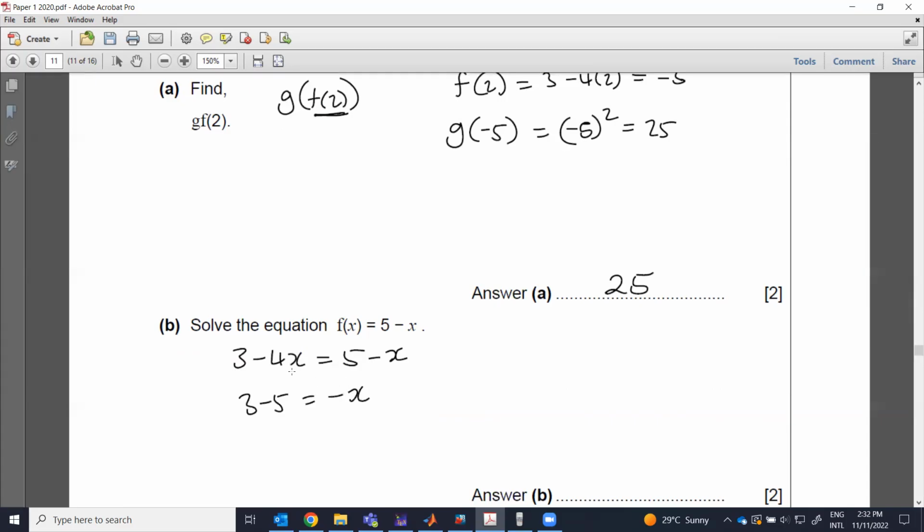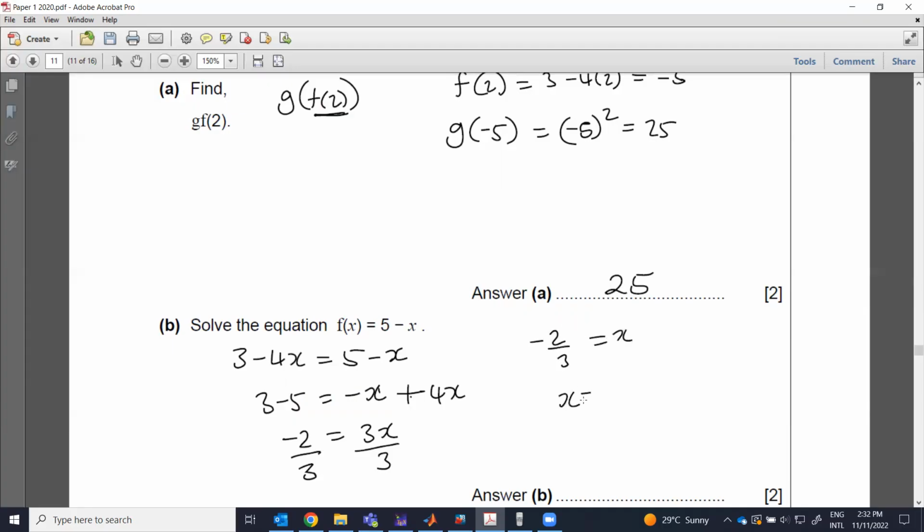And then we'll have minus x, and this one goes that side, plus 4x. So 3 minus 5 is minus 2, and this is 3x. Divide by 3. You have negative 2/3 is equal to x. This means x is negative 2/3.